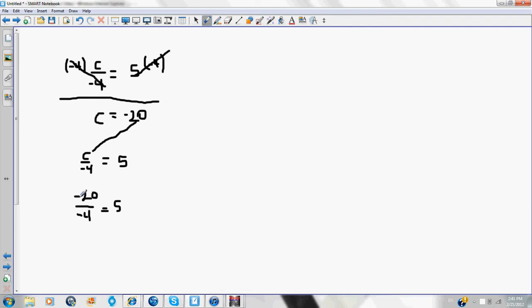Remember, whenever you have an even number of negative signs in a multiplication or division problem, it's going to give you a positive answer. So our answer is going to be positive, and then 20 divided by 4 gives us 5 equals 5, which is a true statement, which means that we've gotten our answer correct.